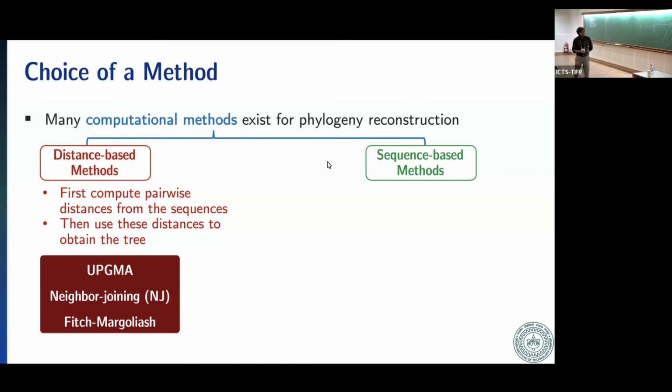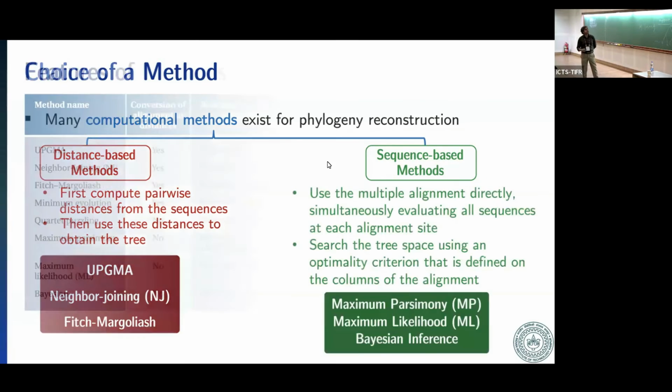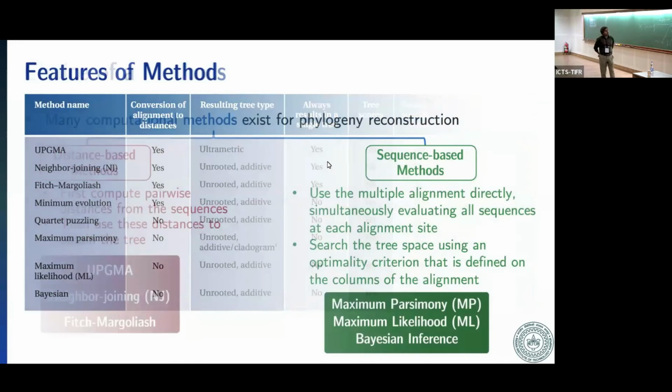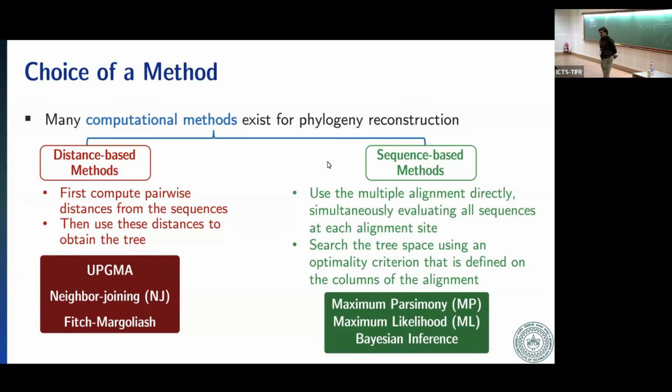On the other side, we have the sequence-based methods. Instead of computing secondary information, they work with the multiple alignments directly. They evaluate all the different sequences at each alignment site, and we'll see how they do so. Ultimately, they search the tree space using some sort of optimality criterion.